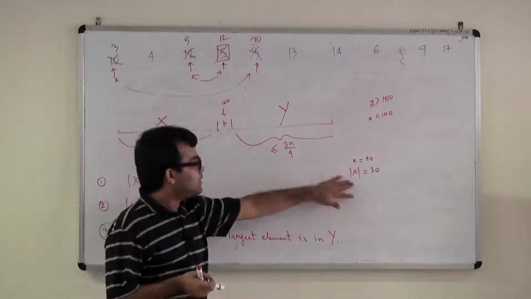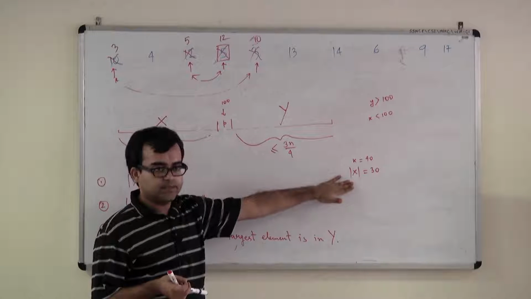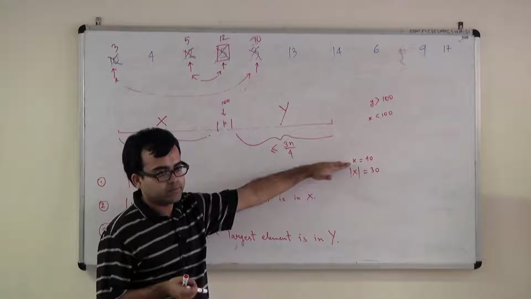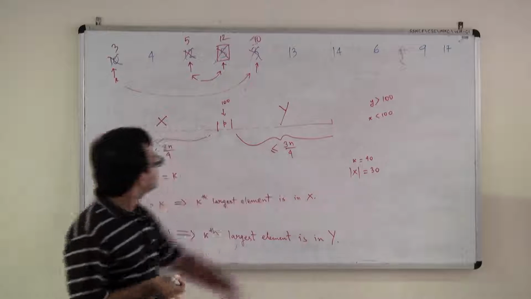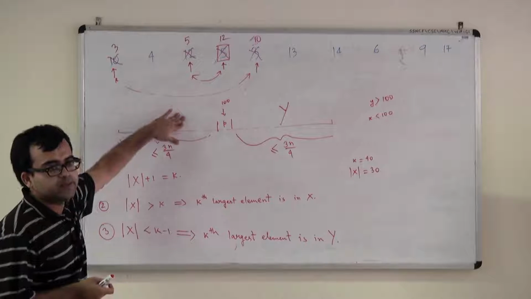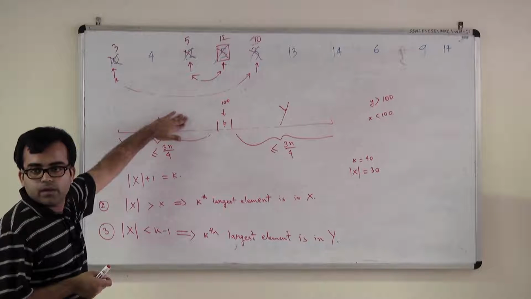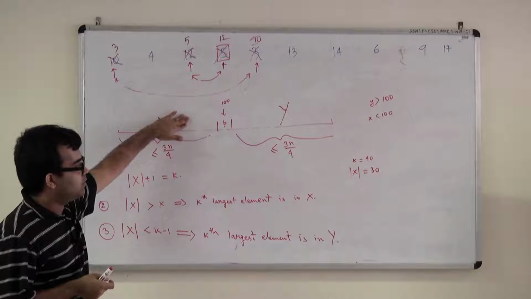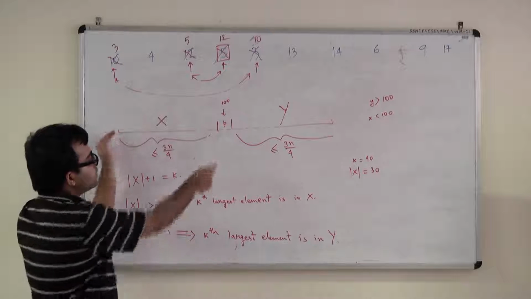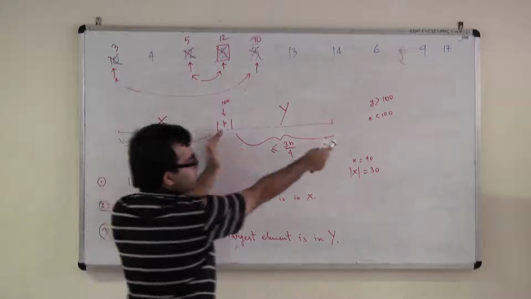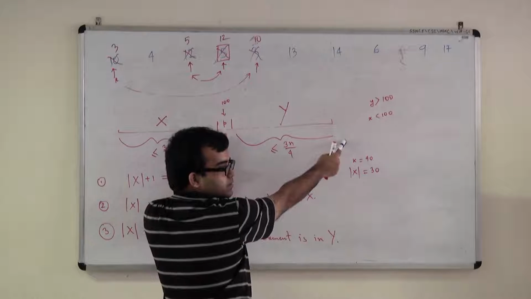So now suppose the size of X is 30 and you are looking for the 40th smallest element. Can it lie somewhere here? It cannot, right? Because there are only 30 such elements here and all the elements here are larger than it.